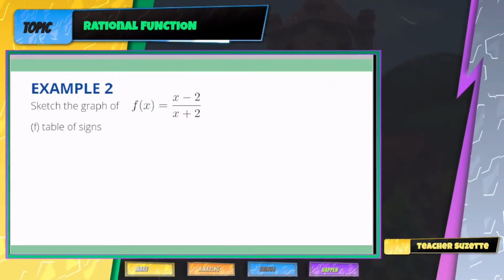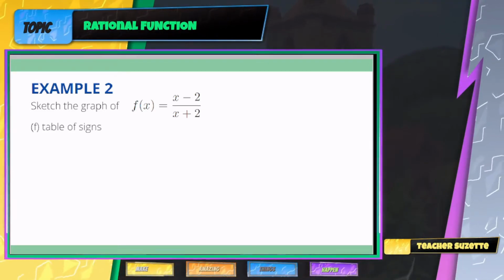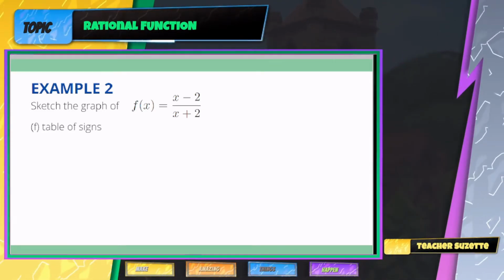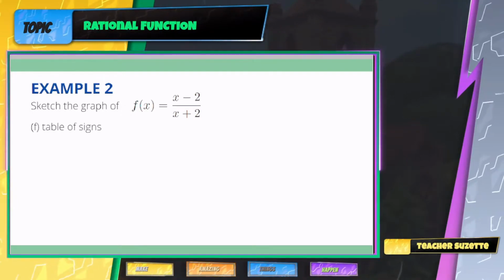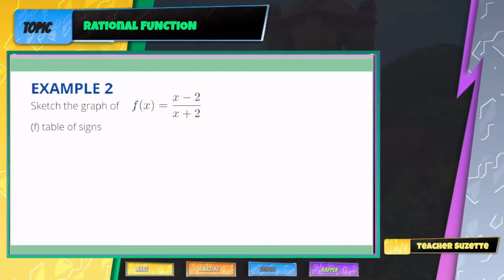Now, let's assign our table of signs. To get the table of signs, we have to solve for x using our numerator and denominator.